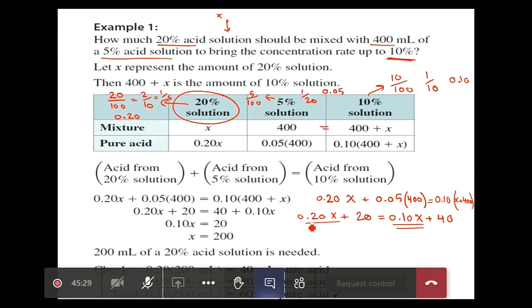Now we have X and X, move the X here, we have 0.10X equals, move the 20 to the other side, so we have 40 minus 20, 20, divided by 0.1, so X equals 200 milliliters. Okay, any question?